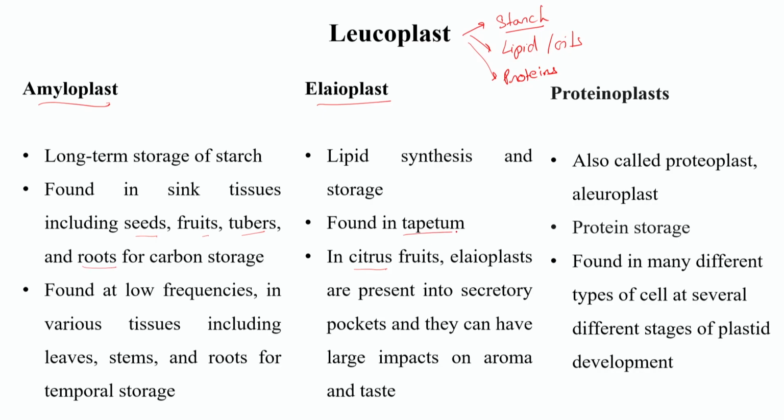Similarly, it is found in tapetum also. And what is tapetum? Basically, anthers are the reproductive organs which produce pollen grains. Now, these pollen grains are present in a sac-like structure which is known as microsporangia. Just in a simple way I am trying to tell you what tapetum is, not going into any detail of it.